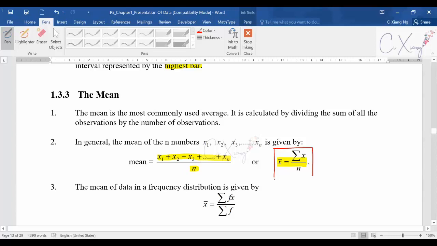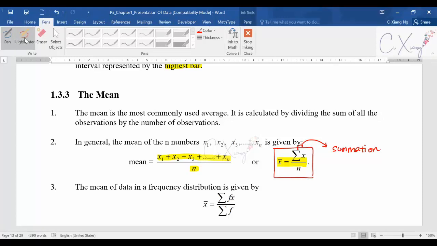This sign here, we call it summation. Summation of x means that you add all the x together divided by the total number of x. And if you are having a table, a frequency distribution with frequency f, then you have to use the summation of fx divided by summation of f.